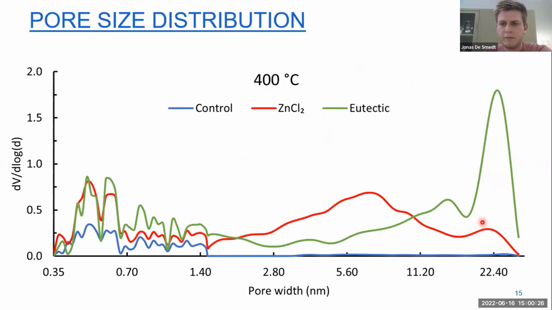But then again, in the mesoporous surface area, the zinc chloride has a very broad range where it has surface area, compared to our eutectic mixture, which has the big peak in the larger parts of the mesoporous area.